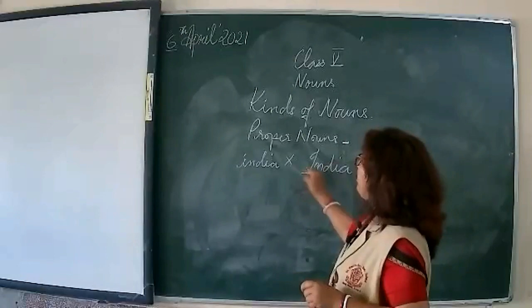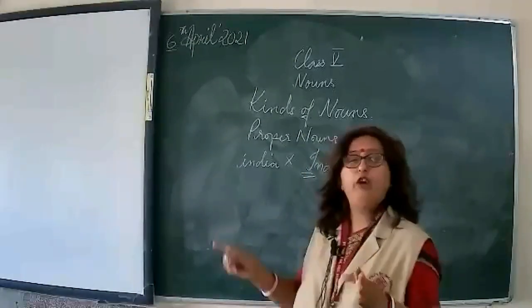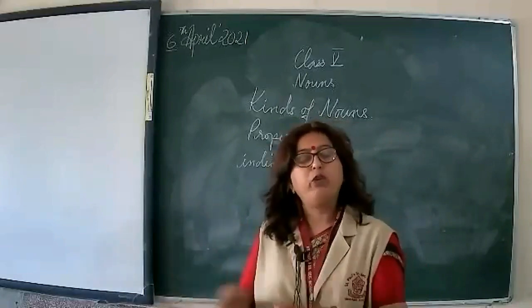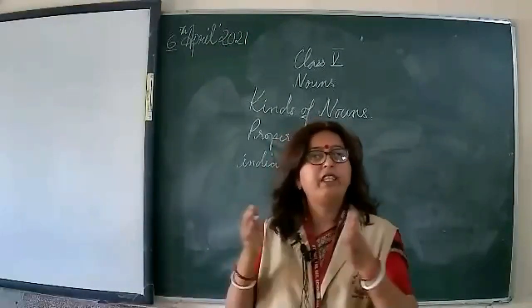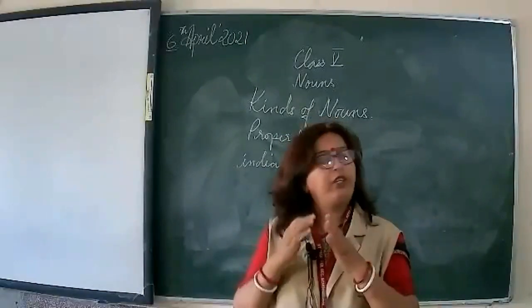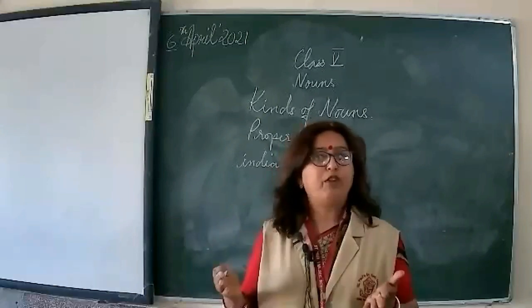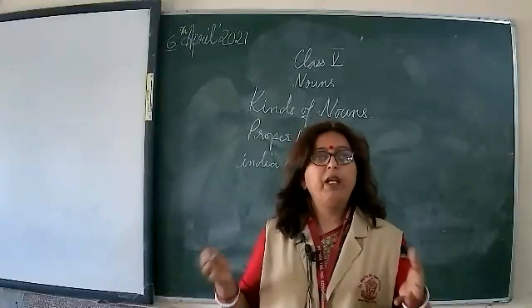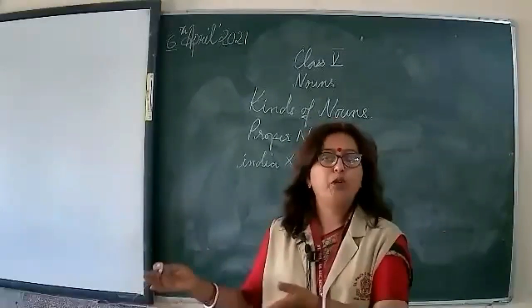Why? Because it is particular. The rules of grammar are not only followed in English, they have to be followed in all the subjects that you are studying, be it social studies, general science, or maths. In maths, when you're doing your sums, suppose there's a problem sum: Ram had so many pencils and Mohan gave him 2 more pencils.